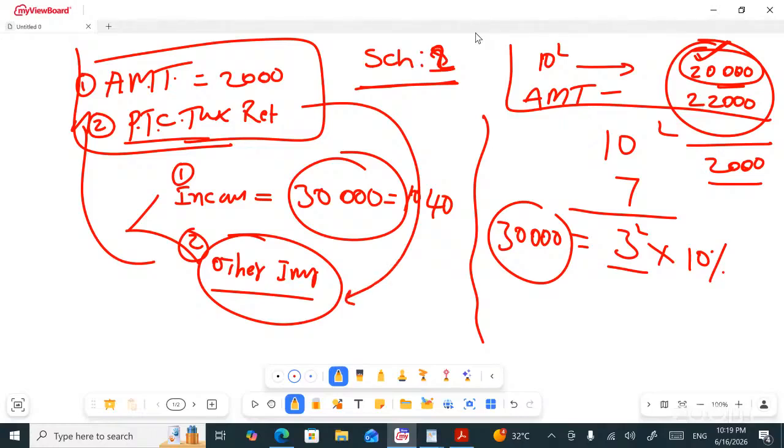So how many types of additional taxes, and what are the rules to be followed for each item, are clearly given in a separate Schedule number 2. So Schedule number 2 is basically covering additional taxes.